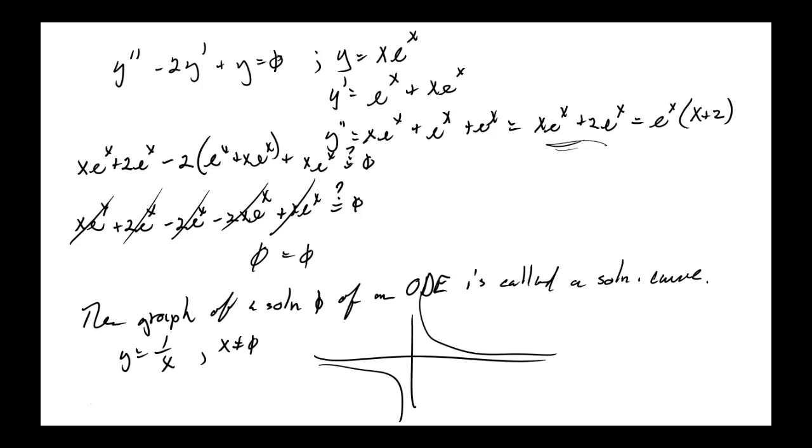Homework exercises in 1.1, be any of the odds in the back of the book, any of the odds that are in the back of the book, 1 through 7. Think you could do 9 if that's in the back of the book.